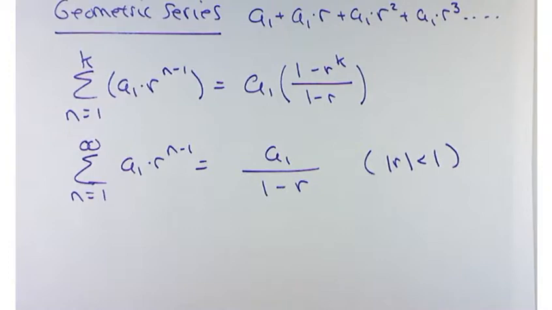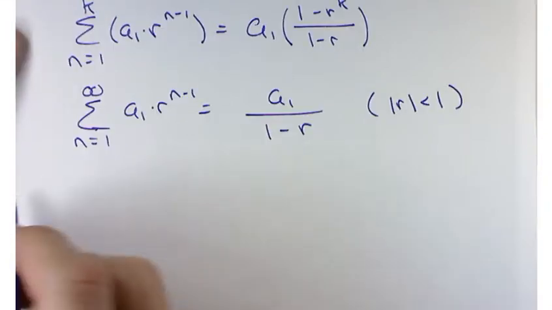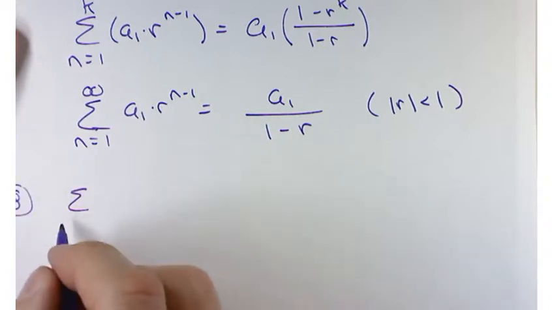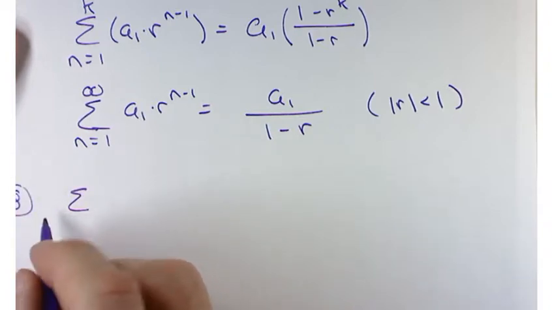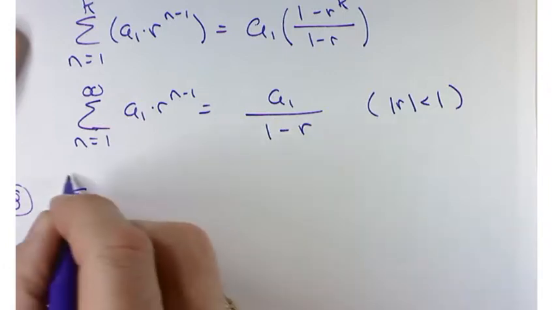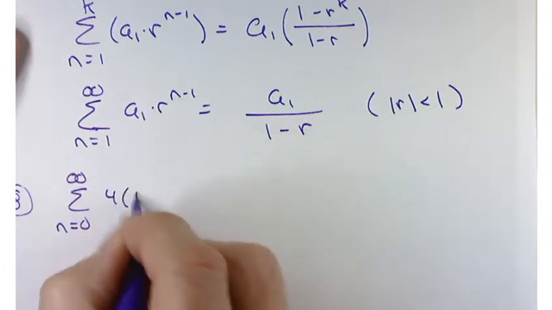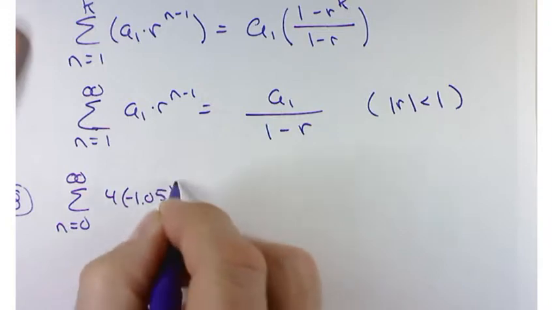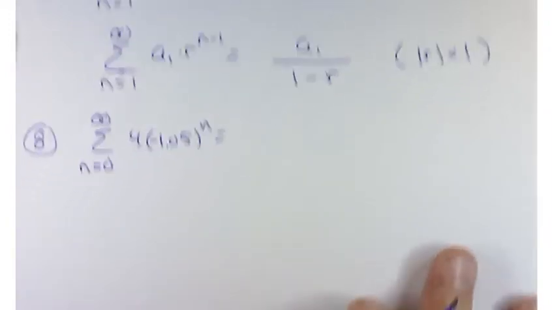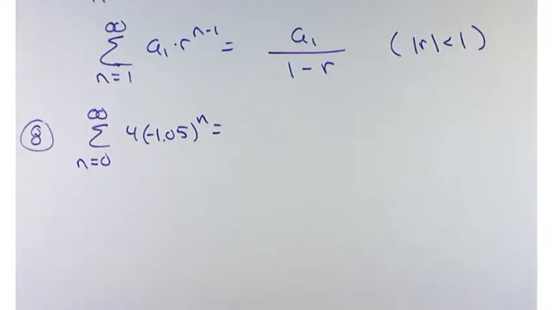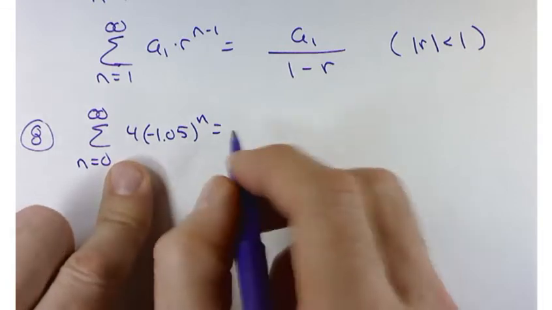Let's practice with this a couple. We'll start with problem number 8. The sum from n equals 0 to infinity of 4 times negative 1.05 to the nth power. Let's write out the first few terms of this series.